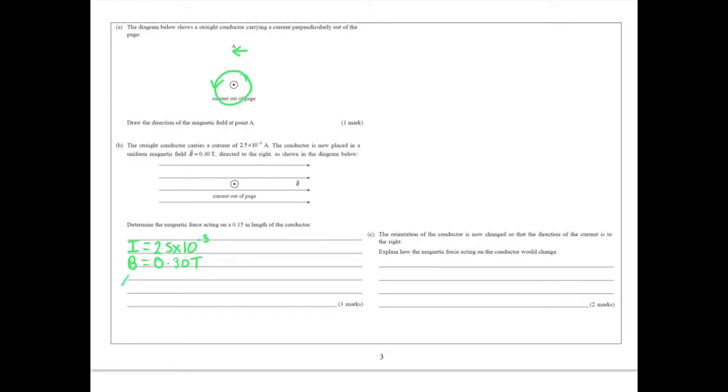The length is equal to 0.15 metres. And we can see here that the current is out of the page. The magnetic field is in the plane of the page, so the angle between those two is equal to 90 degrees.